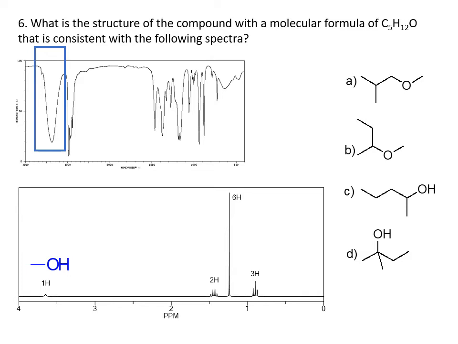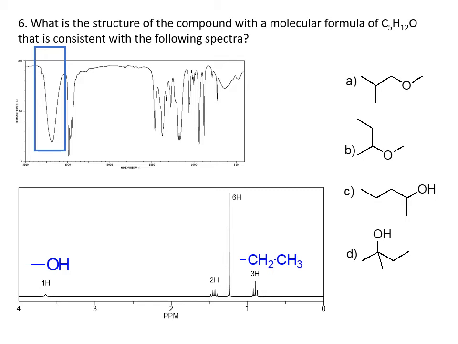But then even more importantly, we can see these peaks due to protons. We can see below 1, around 0.9, 3 hydrogens. And that's a triplet. So 3 hydrogens split into triplet means they are next to 2 hydrogens on the neighboring carbon.